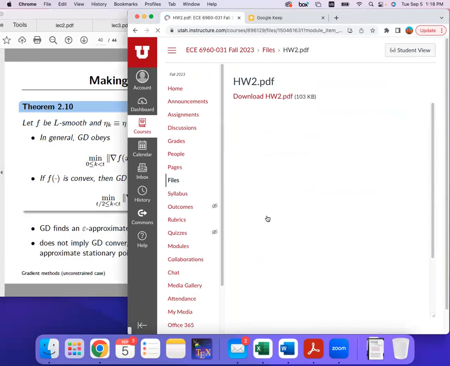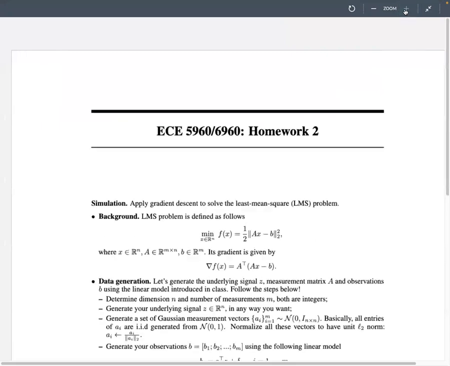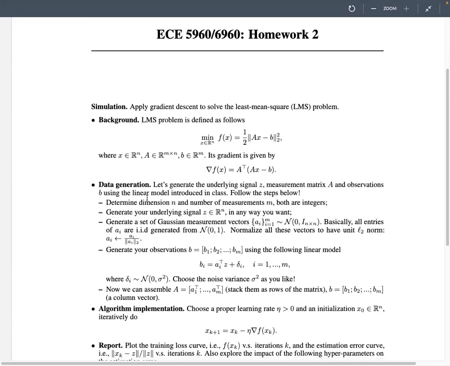So we're looking at homework 2. You need to write code to implement this algorithm to solve this problem. And this file describes how you can set up your problem.